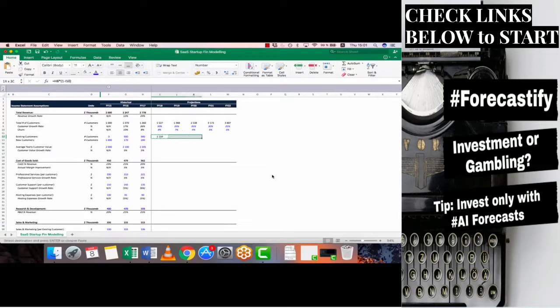Here we are projecting. Then new customers would be just total number of customers minus existing customers. Here are our new customers.